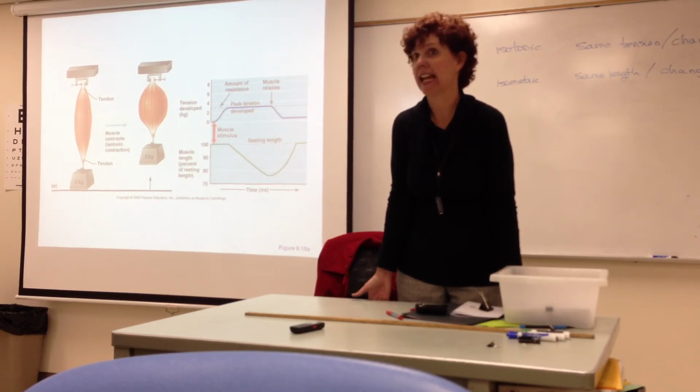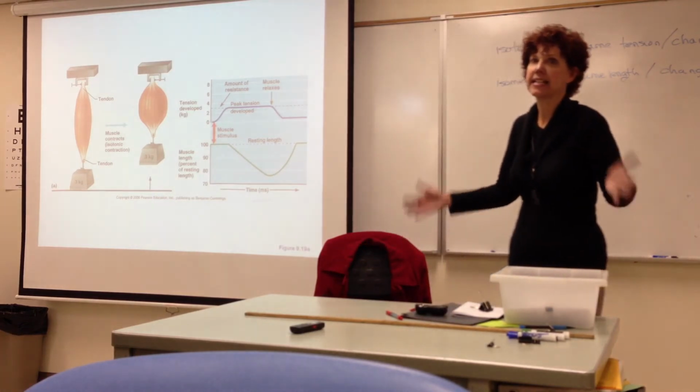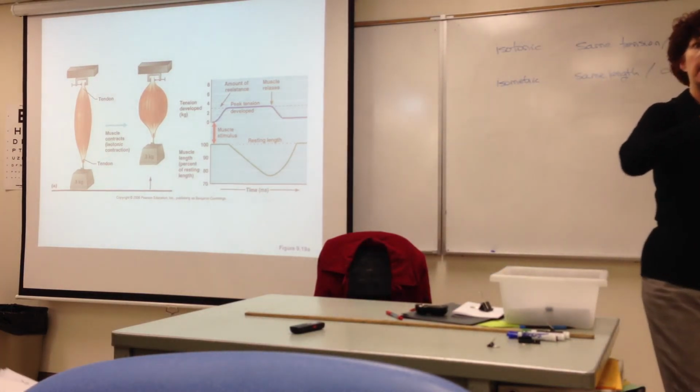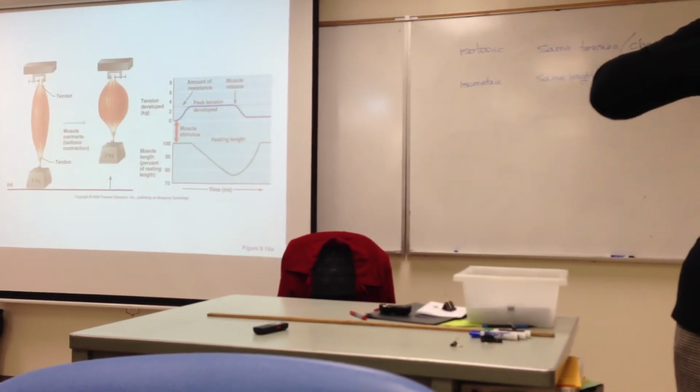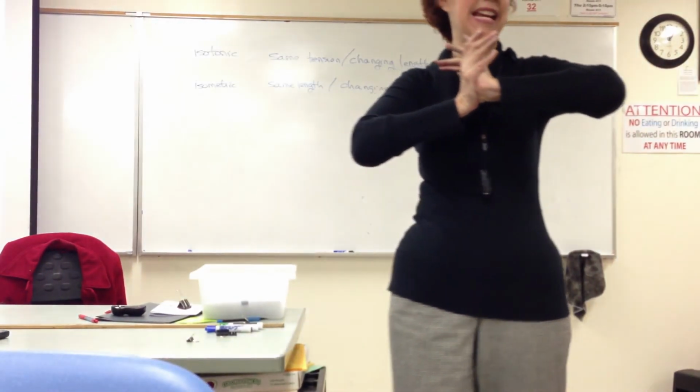Increasing. It's increasing as I add additional myosin heads pulling on the actin. But my muscle cell itself hasn't shortened, so the desk isn't moving. Okay? So isometric is increasing force, but not length of the cell. So pushing my hands against each other is an isometric exercise.